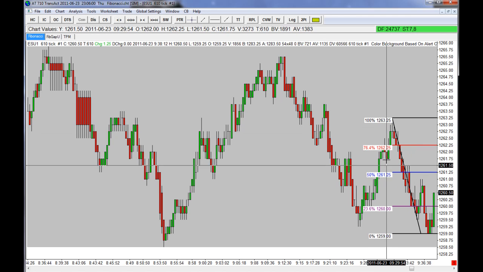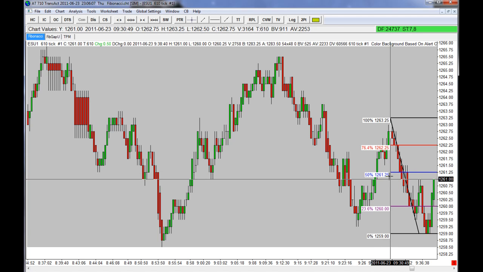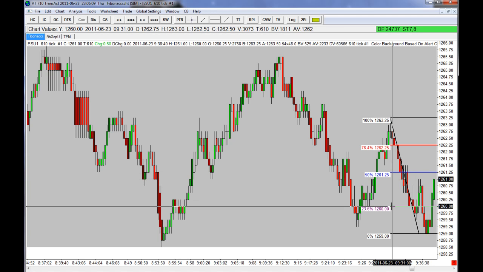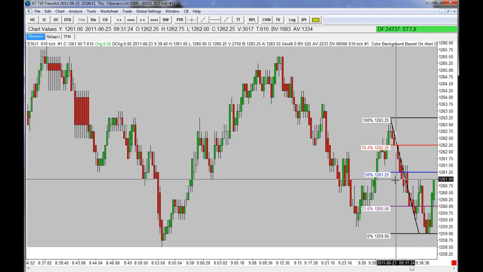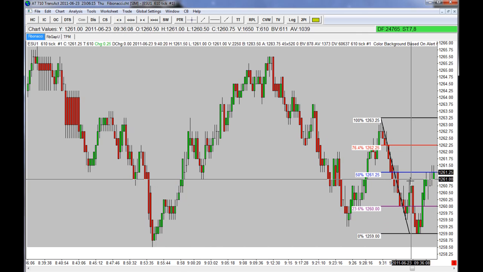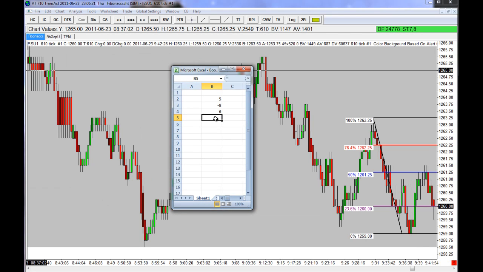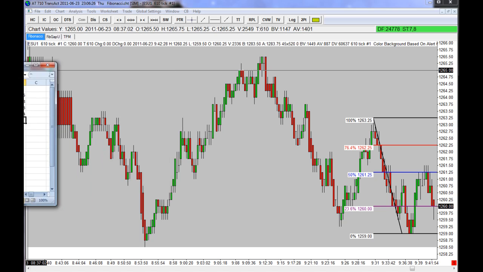Okay, it's 4 1/4 points wide, so I placed a sell limit order again at 12.61. I was looking to grab 4 ticks, and I was risking 5. I got filled, and then I got filled at my target here, so I took another 4 ticks.